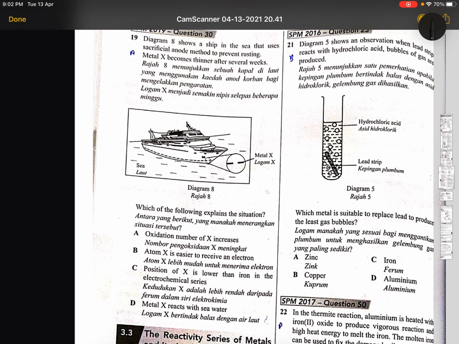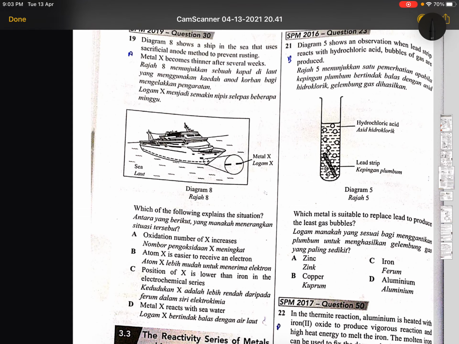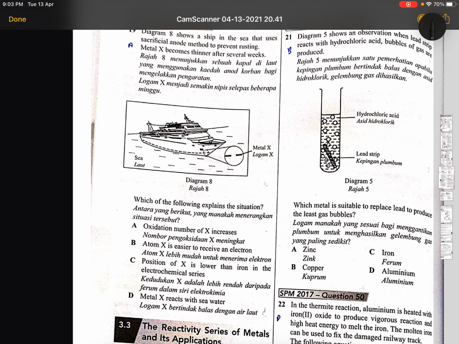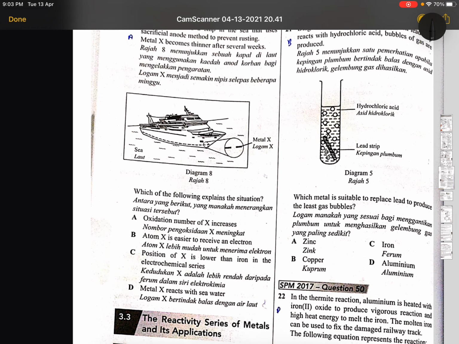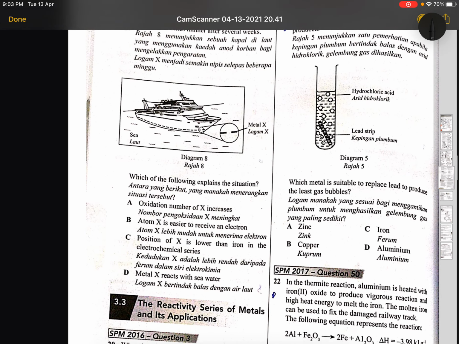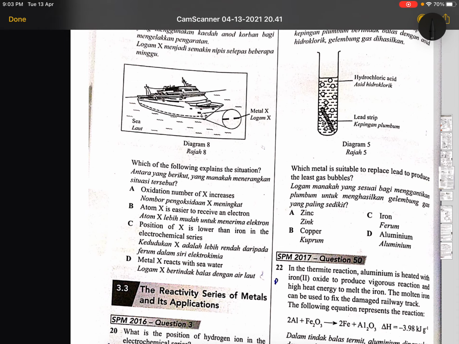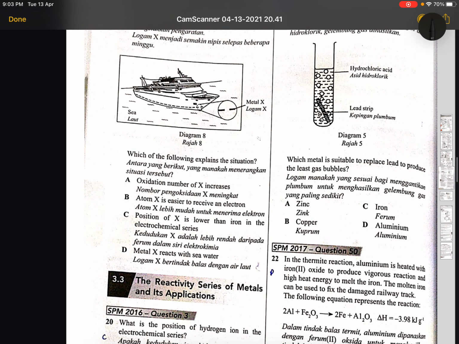The diagram shows a ship in the sea, which uses the sacrificial method to prevent rusting. Metal X becomes thinner after several weeks. Why? They use the sacrificial metal as well, and X becomes thinner. Why does metal X become thinner? A. Oxidation number of X increases.